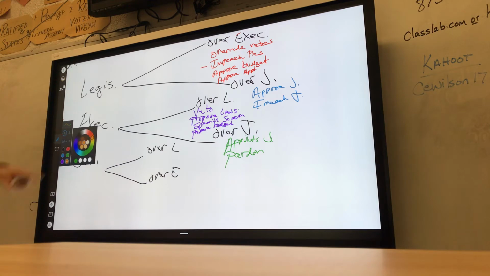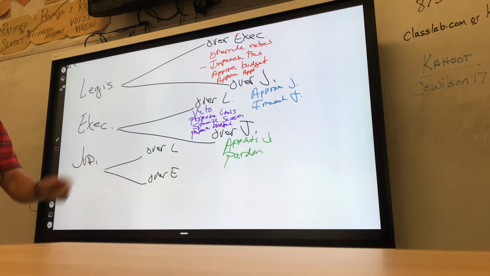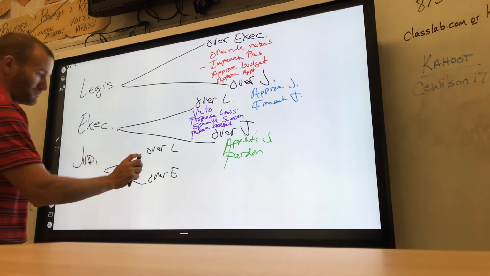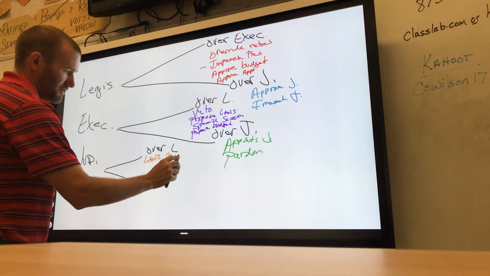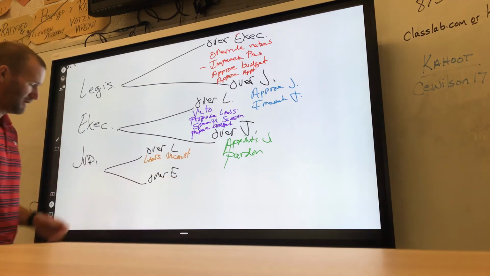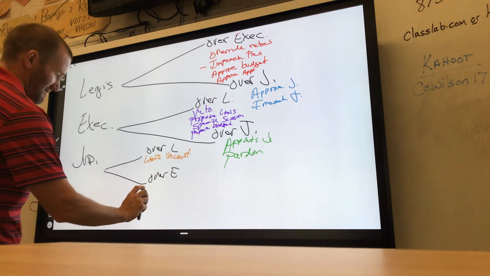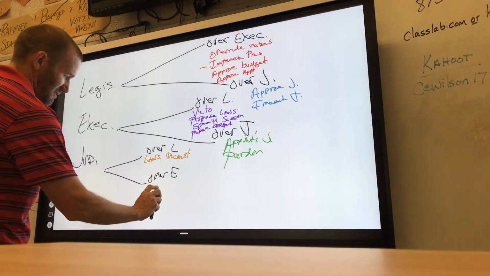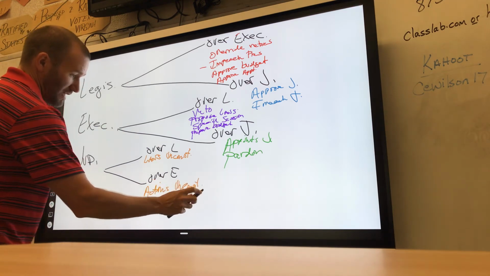All right, and then the last thing, the judicial branch, which was the easiest of the ones, because the power has the same word in it. What can the judicial branch do over the legislative? Can declare laws unconstitutional. And what can they do over the president? Can declare executive actions unconstitutional.